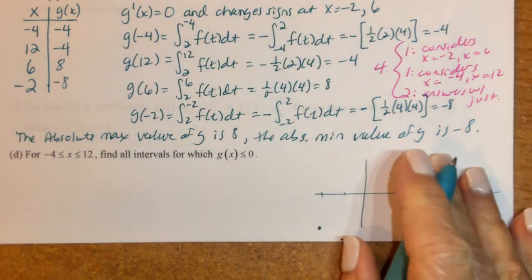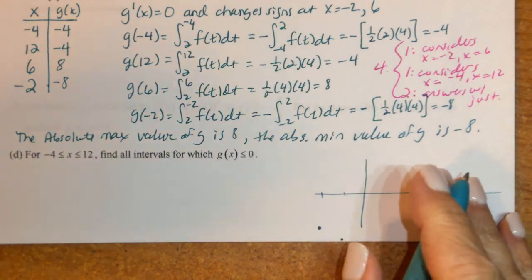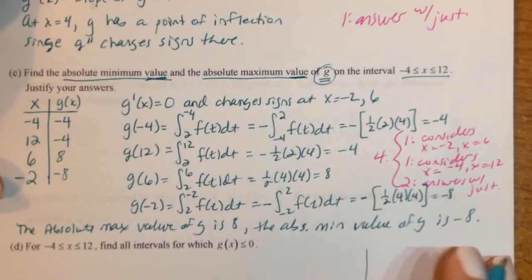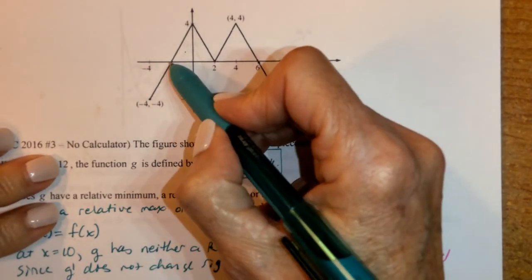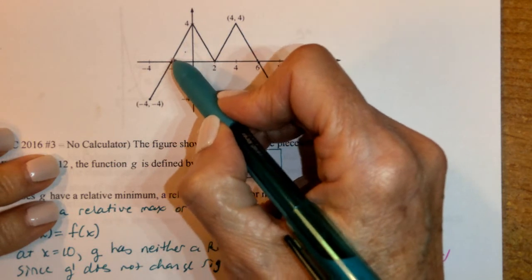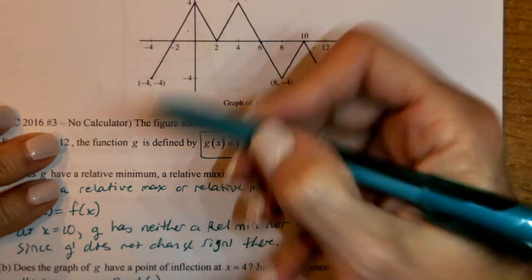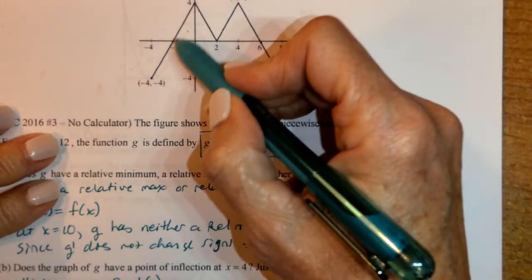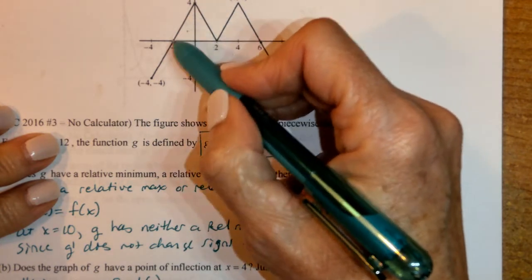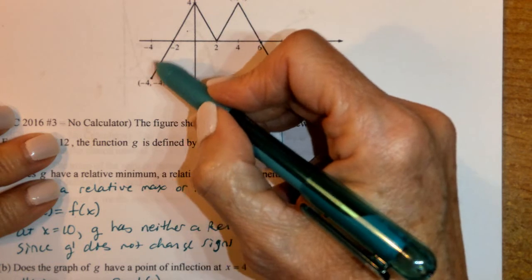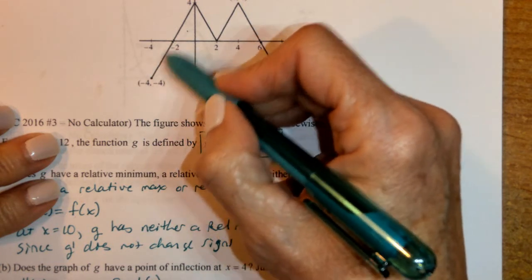Now, when I'm at 0, we didn't find x equals 0, but g is increasing, because g prime is positive here, and it's increasing at the same rate that it was going before.